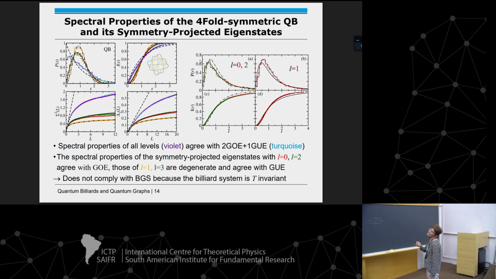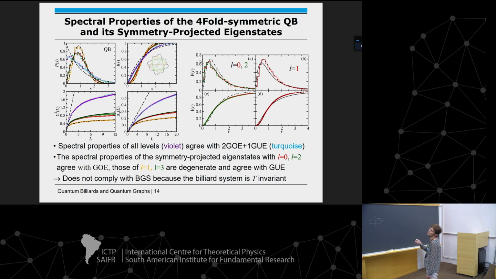I also look at the spectral properties when you take the whole system, with all eigenvalues. Then you can also find a random matrix ensemble. Here I use just GUE and GOE, so depending on the L value, I get either GUE or GOE. If I take all of them, you get a superposition of 2 GOE. The 2 GOE come from the GOE cases, the red ones, L equal to 0 and 2.